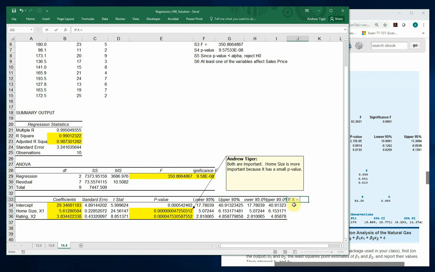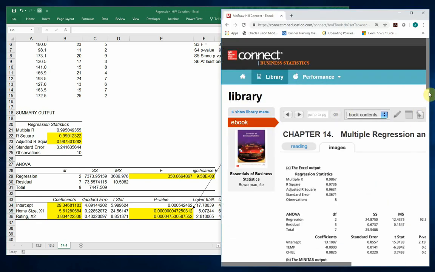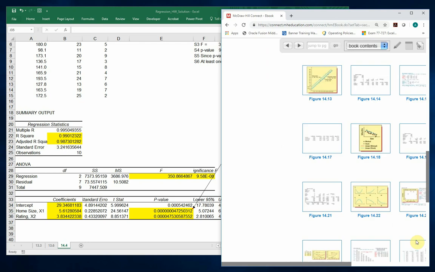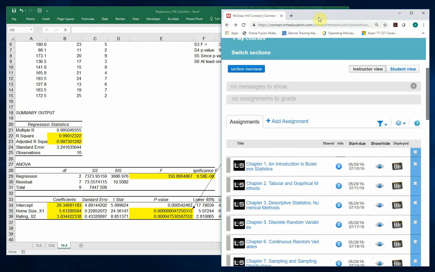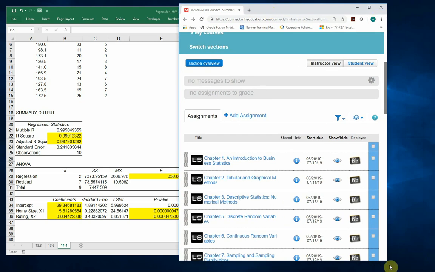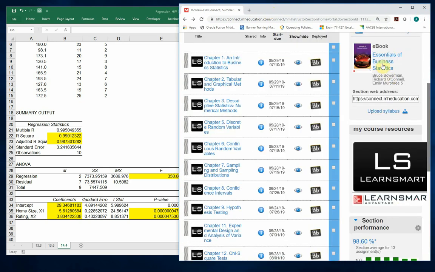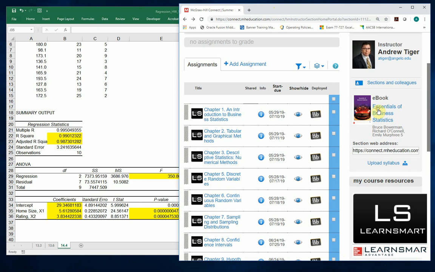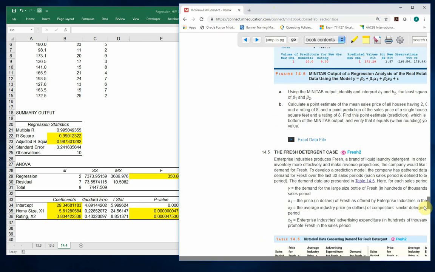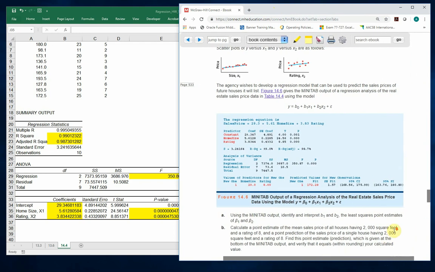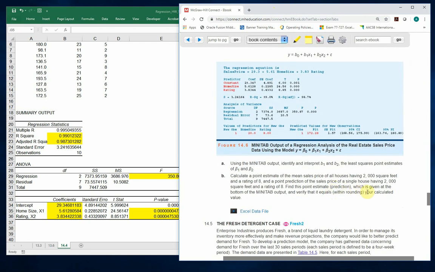We always put a 1, and then what the problem is wanting us to do is find an estimate if the house is 2,000 square feet and the rating is 8.